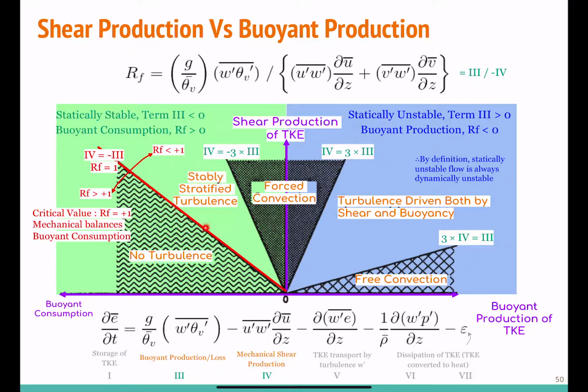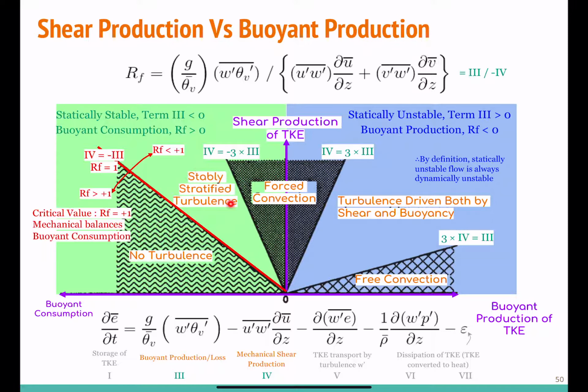Until we are increasing the shear production, we are entering into the range where shear production is as strong as the buoyant consumption.